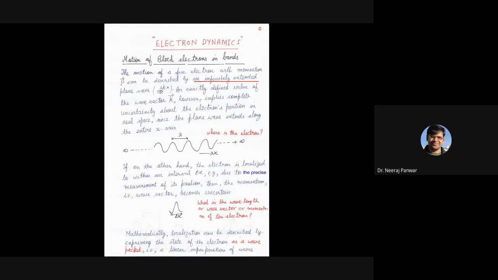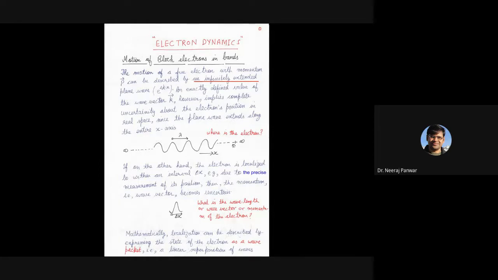So the electron is free and its wave function is represented by a plane wave of the form e to the power ikx in the one-dimensional case. This is the plane wave that has been shown here, and it extends from minus infinity to plus infinity. This occupies the whole space in one dimension.